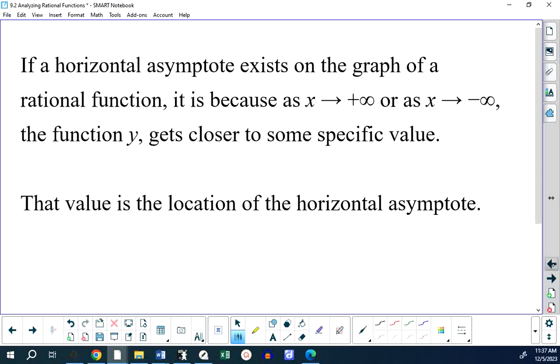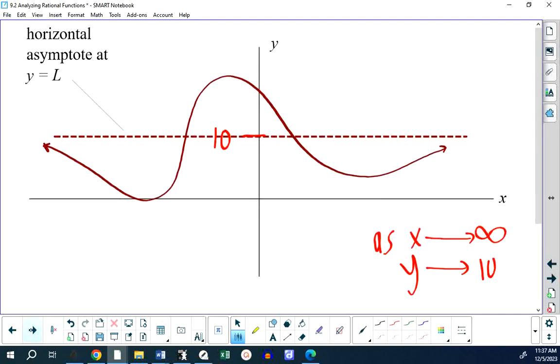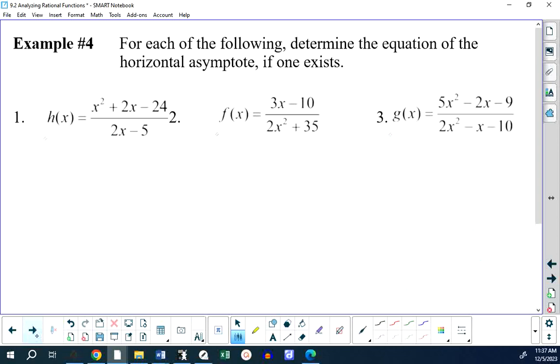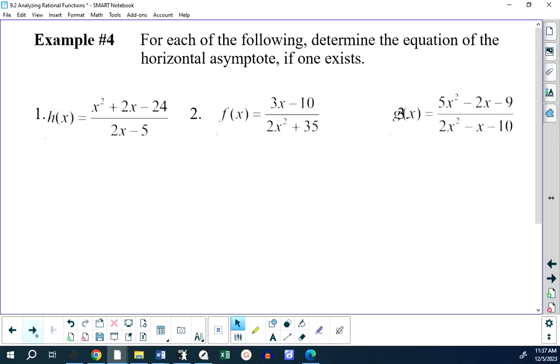You with me? If you look at a vertical asymptote, as x gets closer to that number, y takes off to infinity. But with a horizontal, as x takes off to infinity, y approaches a number. It's backwards. So let's see if we can figure out what the asymptotes of these 3 functions are.